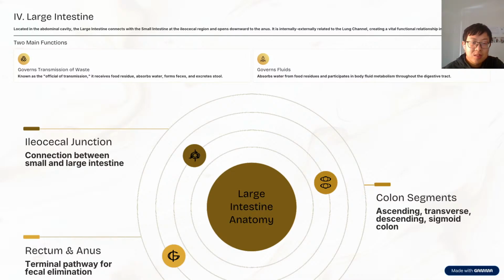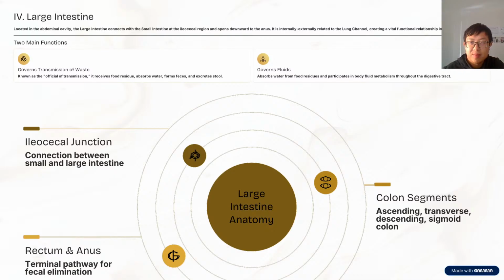It is internally and externally related to the lung channel. The main physiological functions of the large intestine are transmission of waste and regulation of fluids.